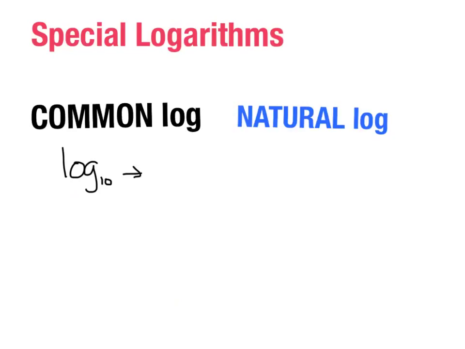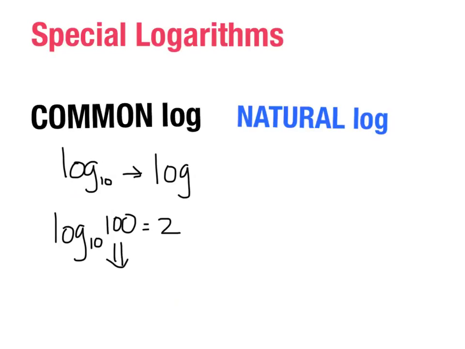We can just say that's log. As an example, log base 10 of 100 equals 2, because 10 squared equals 100. We can just write this as the log of 100 equals 2. So if you don't have a base and it says log, it's assumed that the base is 10. That's called a common log.